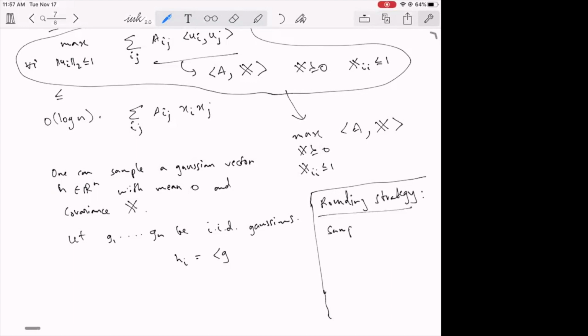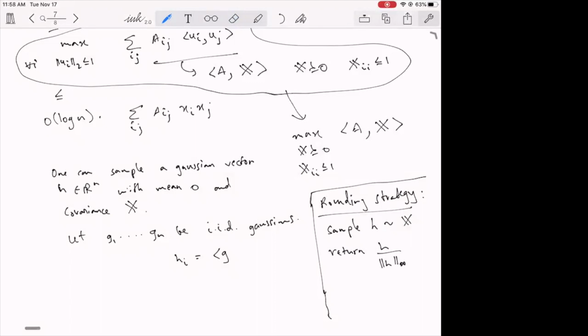Sample H from the covariance matrix bold X, and return H divided by the infinity norm of H. Recall our goal was to return a vector in the unit ball of the L infinity norm, so in the hypercube, that moreover has good value.